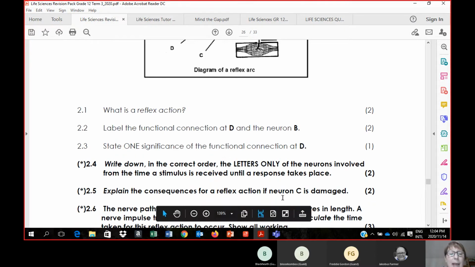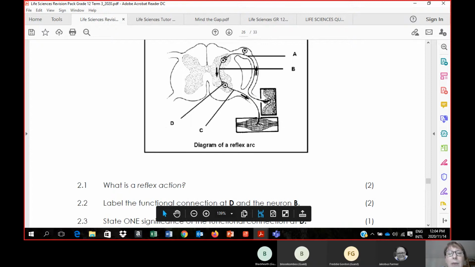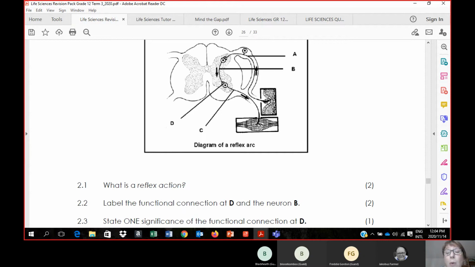Then it says, explain the consequences for a reflex action if neuron C is damaged. So this is the motor neuron. Now remember, the motor neuron conducts impulses to a muscle, and muscles will contract if they get a stimulus.